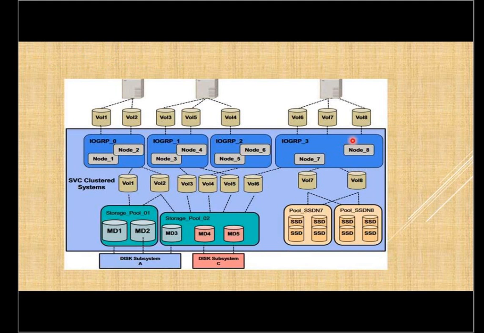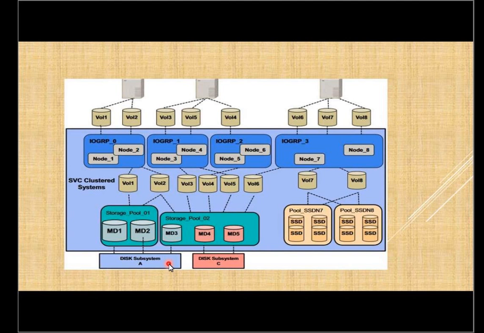So this picture clearly helps us understand the overall virtual architecture of SVC or Storwize V7000. We have the backend storage subsystems. Using these backend storage subsystems, we can create different MDisks. MD1 and MD2, for example, belong to disk subsystem A, and MD3, MD4, MD5 belong to another subsystem.